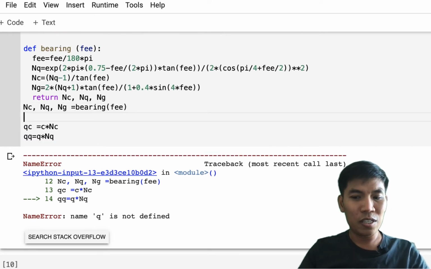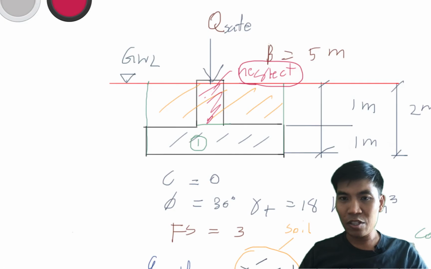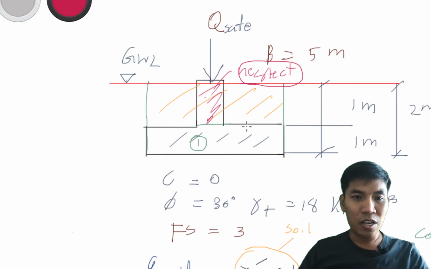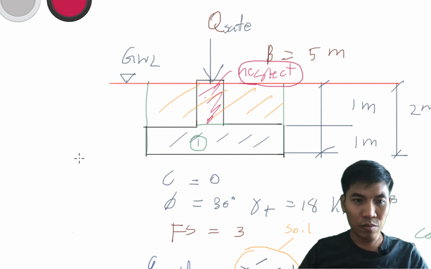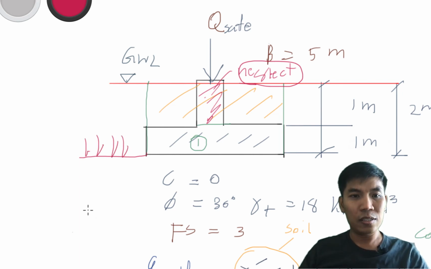Q is what? Q is a surcharge acting near the foundation. You should not mix it up with the q cell.